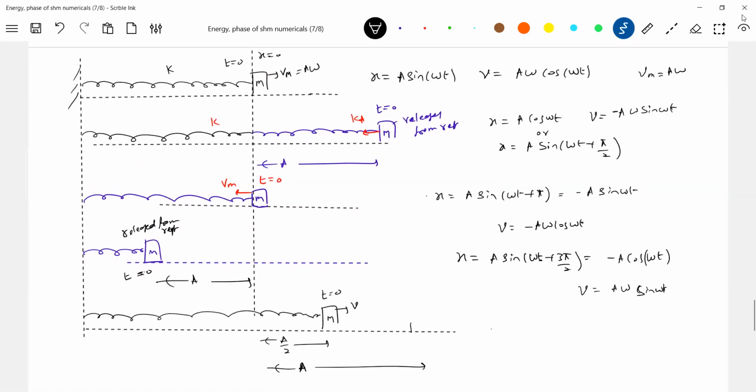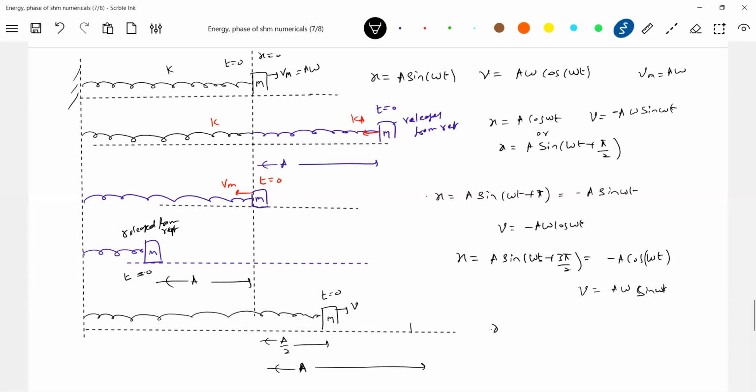Let me keep all the diagram. Now, if it starts from here, it has zero phase. If you start counting time here, the phase is pi by 2. Somewhere here, the phase should be between 0 and pi by 2. Am I right? So how to write the equation? We'll proceed like this.